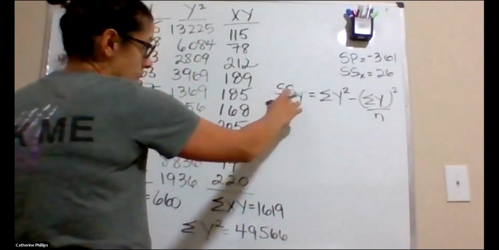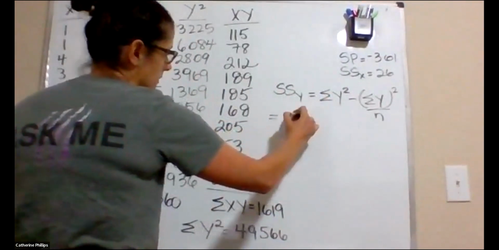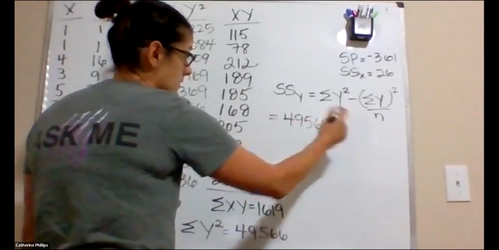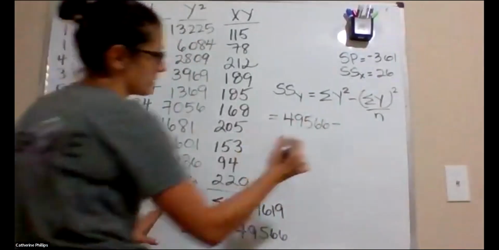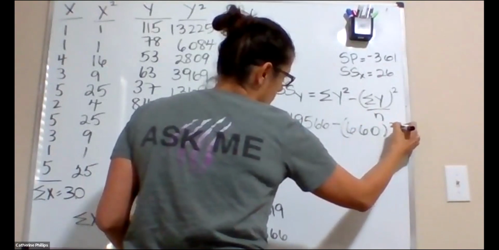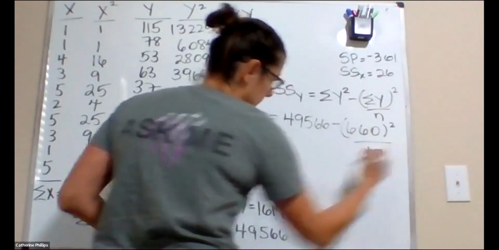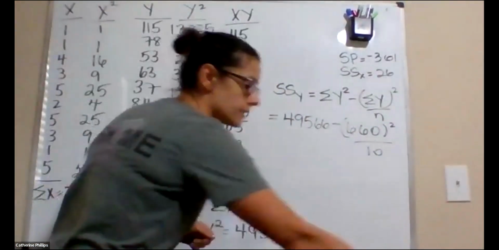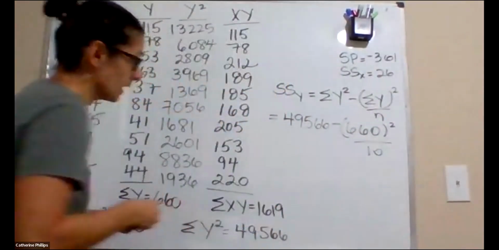So to compute the sum of squares Y, it's 49,566 subtract the sum of Y, which was 660, squared, divided by 10. Let's see if I can find a marker that works consistently.